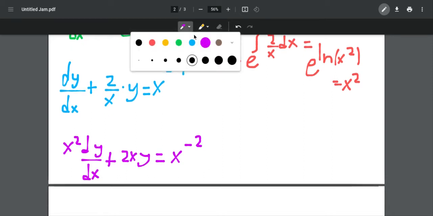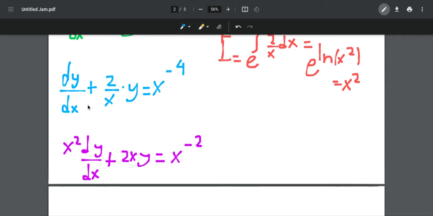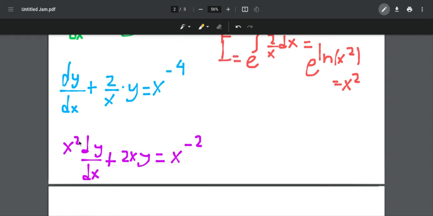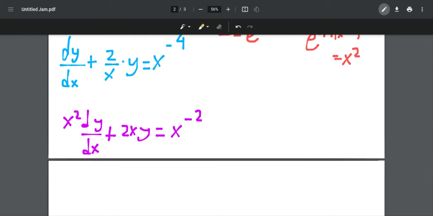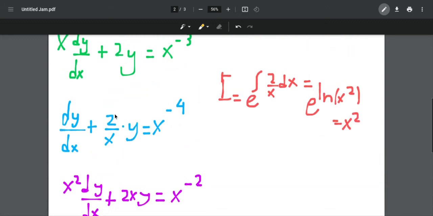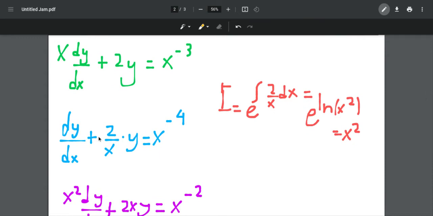When we integrate both sides, things get much easier. Let me first make sure that you understand what I did. First, I wrote the equation in the standard form, and then I found the integrating factor by finding e to the power of the integral of the expression multiplied by y.